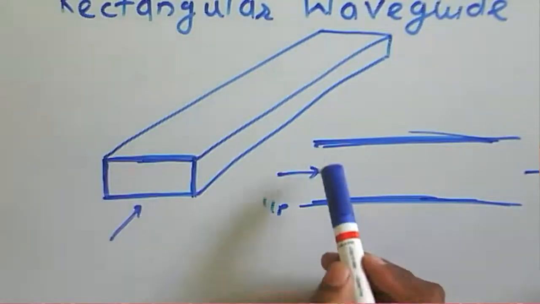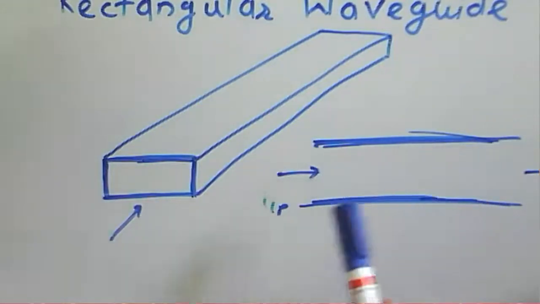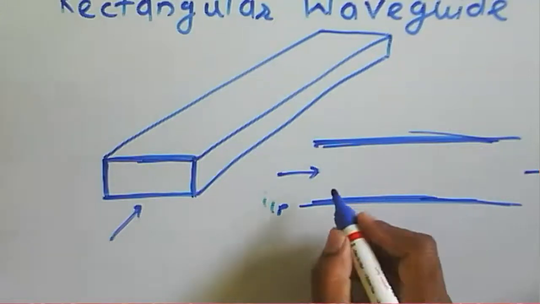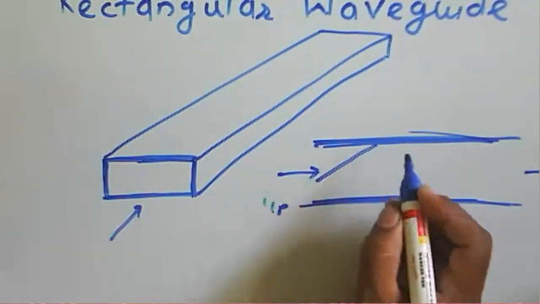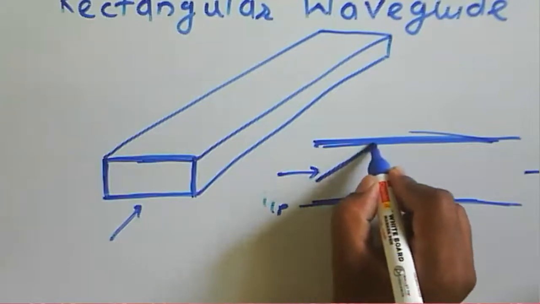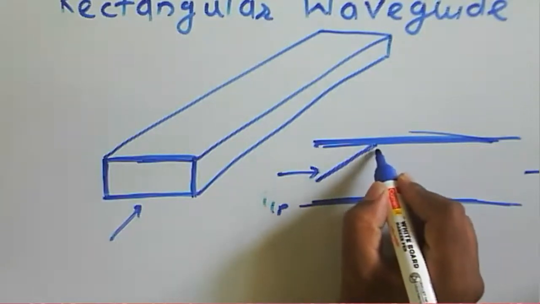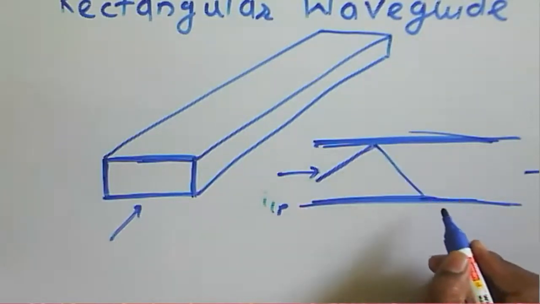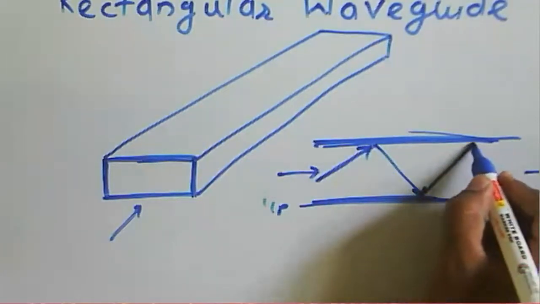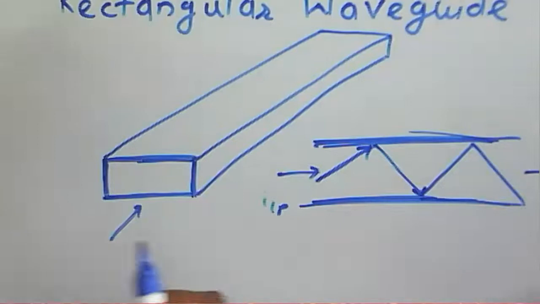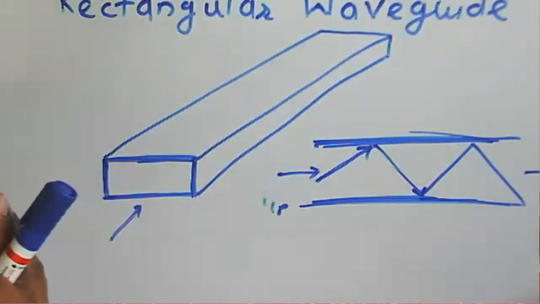Since this internal wall is a conducting one, the wave propagates through this guide due to total reflection. The wave reaches these conducting walls, here on one side and here on the other side. So your wave is reflecting from the conducting walls, and through the reflection, the wave is propagating inside this rectangular waveguide.